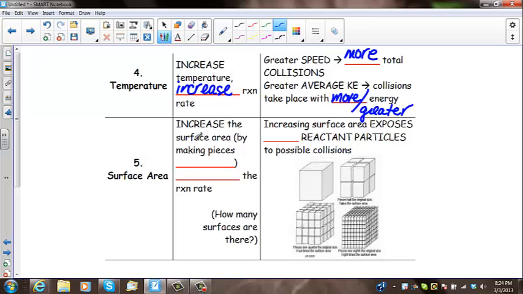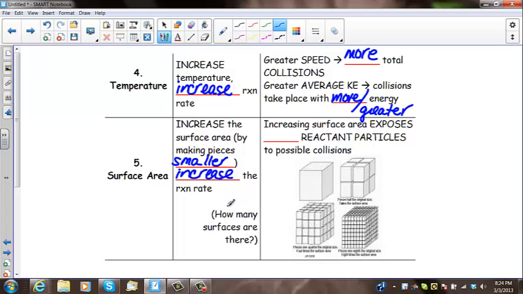Surface area. Increase the surface area by making the pieces smaller. Remember that. It's an opposite. This increases the rate of reaction. Think about a cup of hot tea. I've got a sugar cube. I've got granulated sugar. Which one's going to dissolve faster? The granulated sugar. Why?